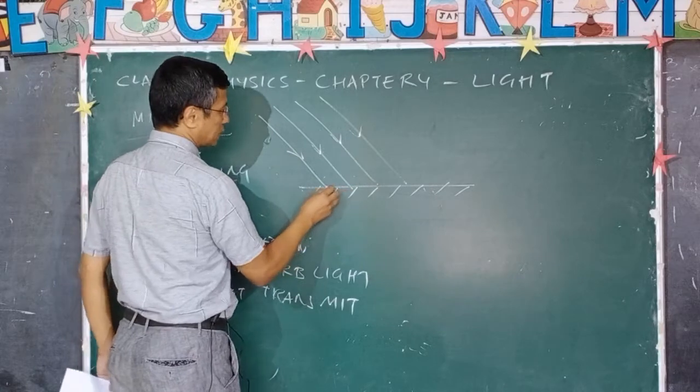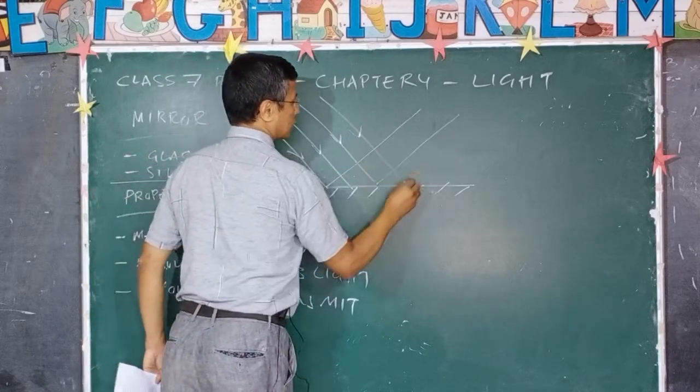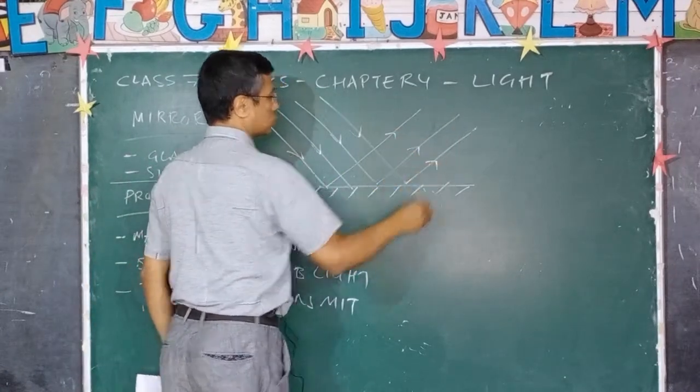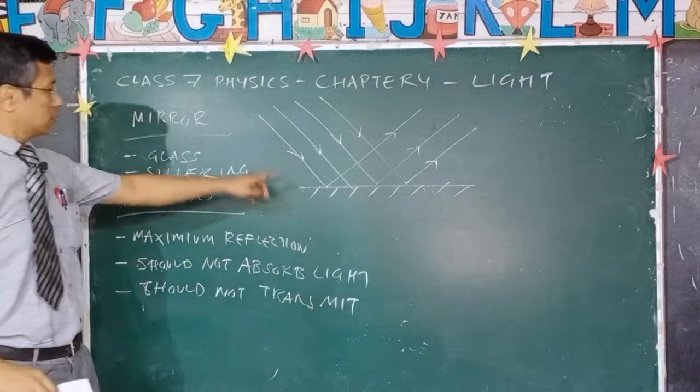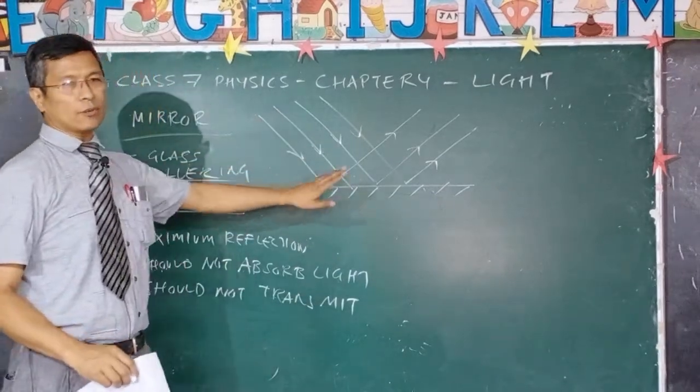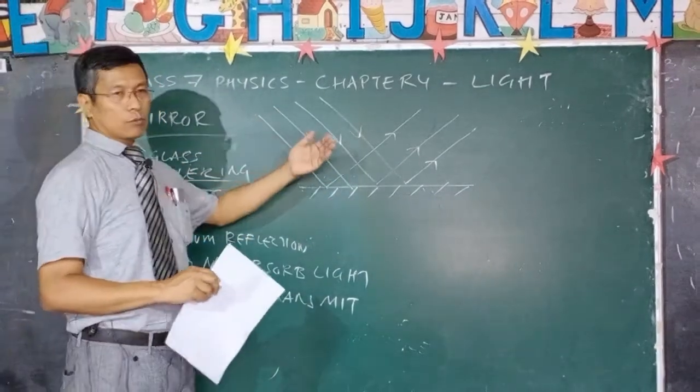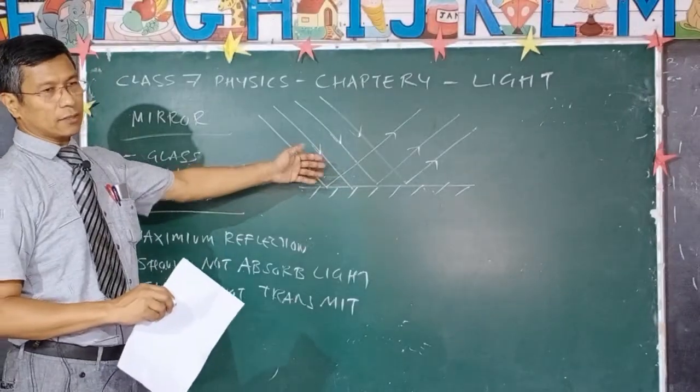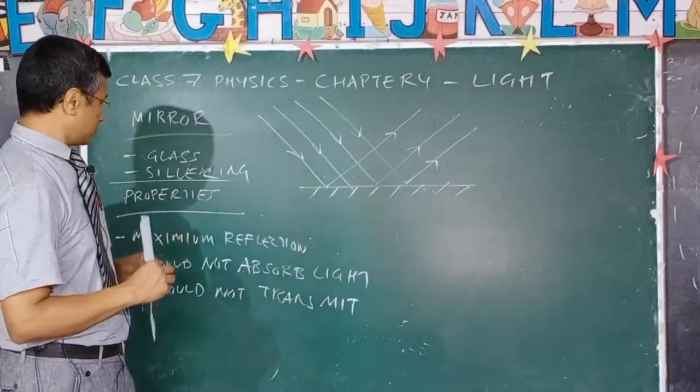Now this means that at least most of the rays of light should get reflected. If a few of them get absorbed, no problem, but if most of the light gets reflected, the image will be clear and sharp.